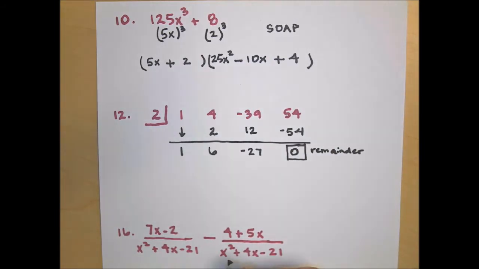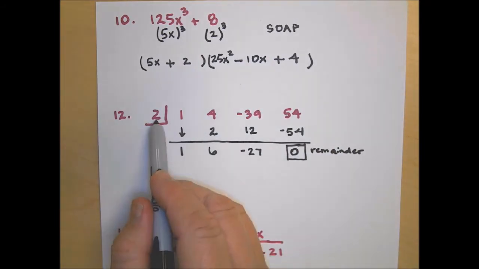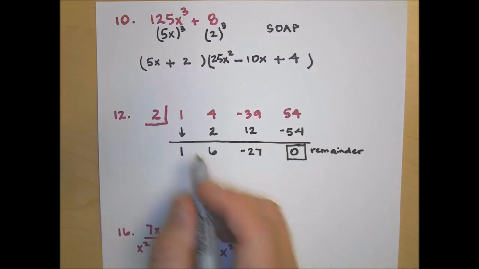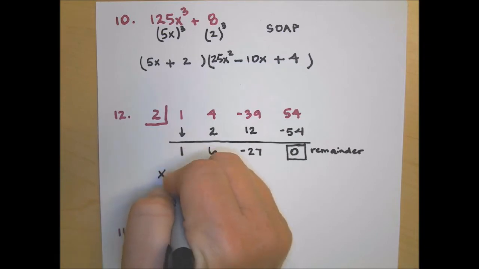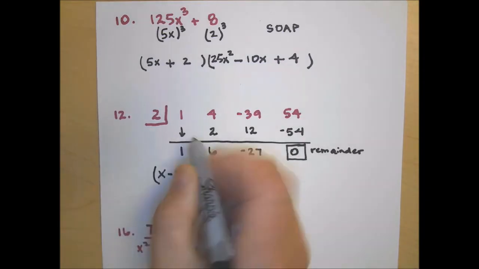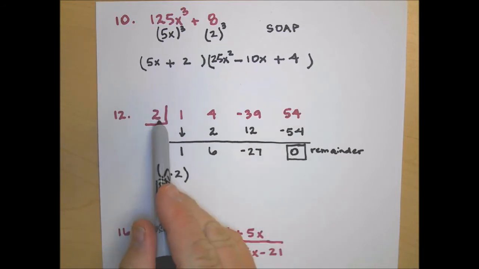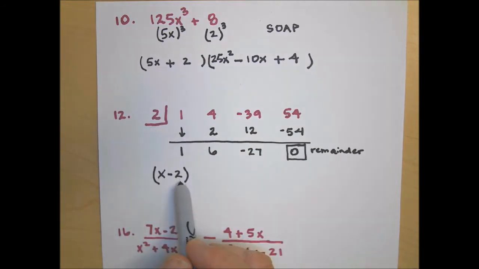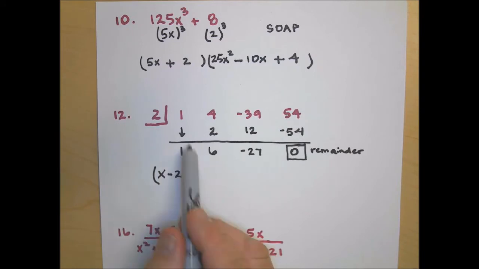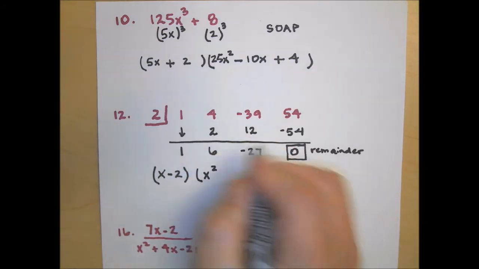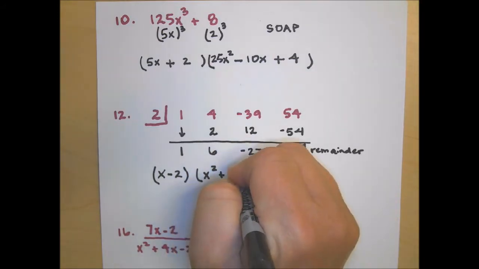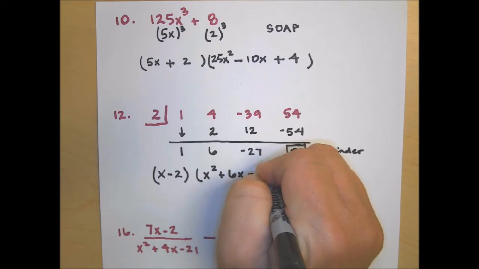We knew that 2 was one of the zeros all along. If 2 is one of the zeros, then x minus 2 is one of the factors. Now the rest of the polynomial starts with x squared, because that's a 1 right there, so it would be x squared plus 6x minus 27.